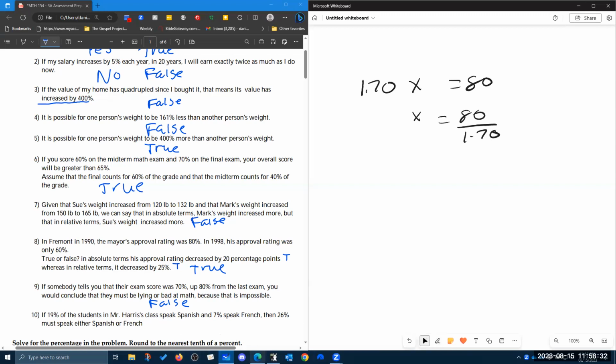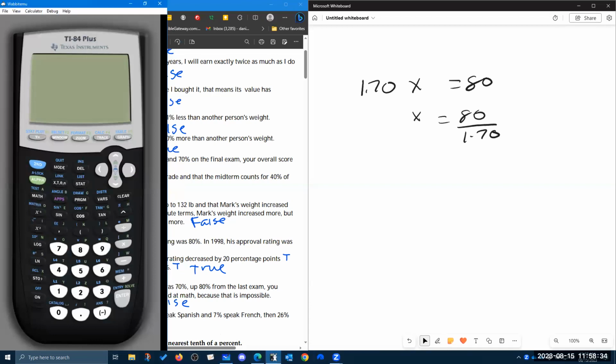And pull up a calculator here. It could be that they got a 47%, say, on their last exam, and that this grade of 80 is a 70% increase.